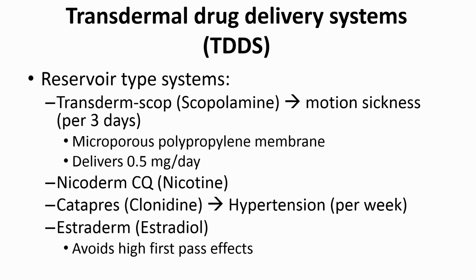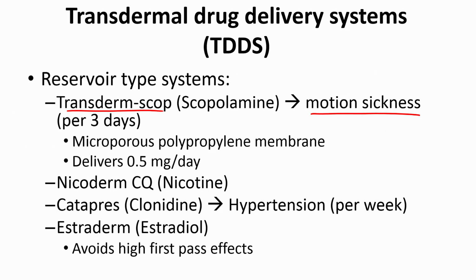So let us talk about some more reservoir systems. There are other examples as well. There is Transderm Scop, which is something to prevent motion sickness. A lot of people suffer from motion sickness, where if they are, let us say, in a bus for quite a long duration, they may start to feel nauseated and sick, and so to treat that the drug is given. This could be over a long duration.